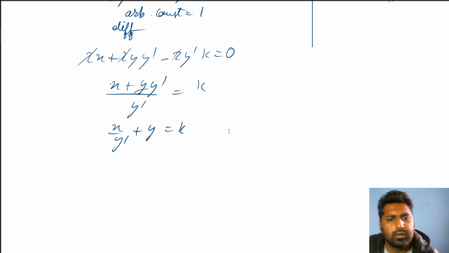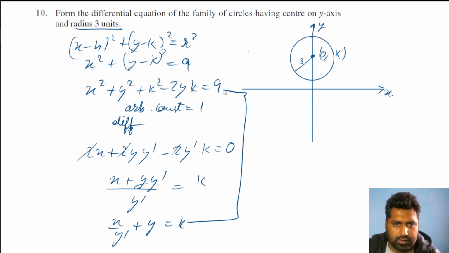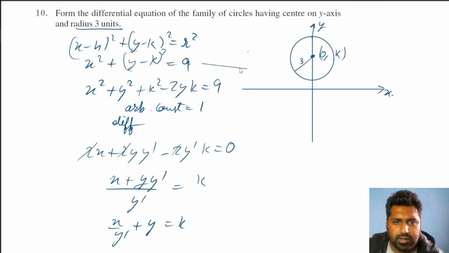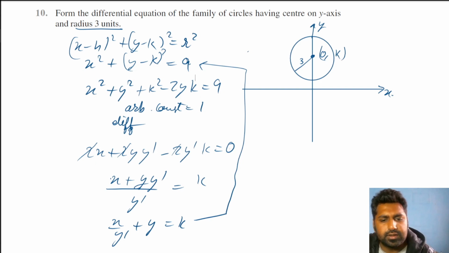Now replace this value of k in the equation. It depends on the options given; if they have given an option like this, it will be much simpler. Replacing k will give you a standard equation, but it depends whether the question has given the answer in that form or not.